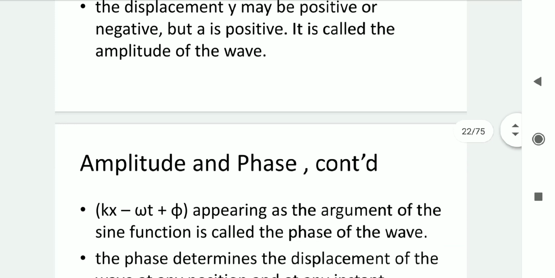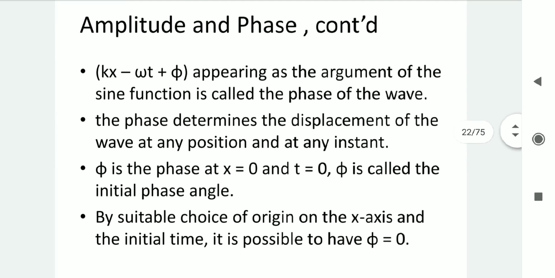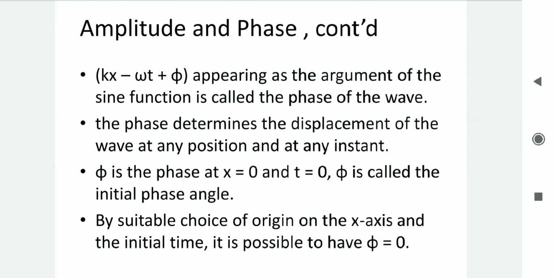And kx minus omega t plus phi gives you the phase of the sine function, the phase of the wave. Here the phase determines the displacement of the wave at any position, at any instant of time.